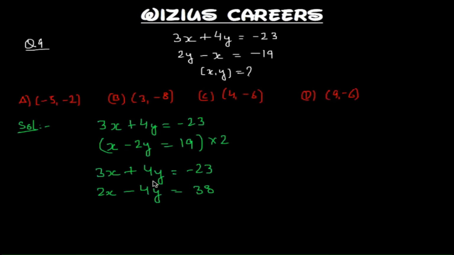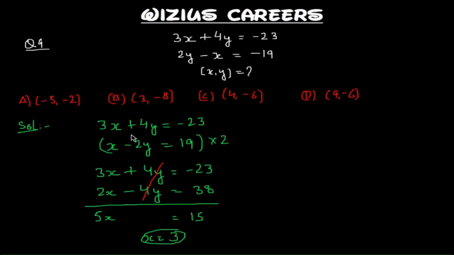Now we have the same y's here, so we can simply add the two equations. If we add them, we get rid of the y. We are left with 3x plus 2x, that is 5x, and negative 23 plus 38 makes 15, or we get x equals 3.